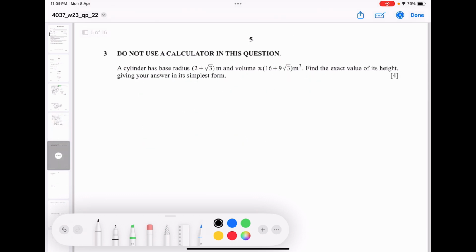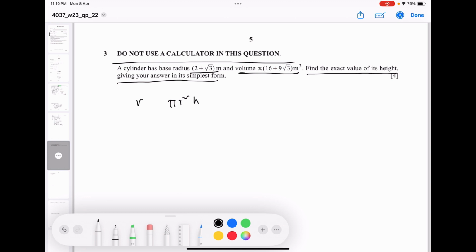Okay, it is mentioned, do not use calculators in this question. Now, a cylinder with base radius this much and volume that much, find the exact value of the height, giving your answer in this form. We know the volume of a cylinder is pi r squared h.